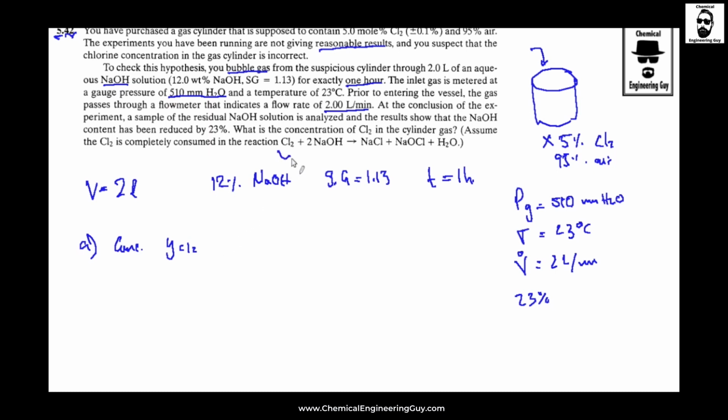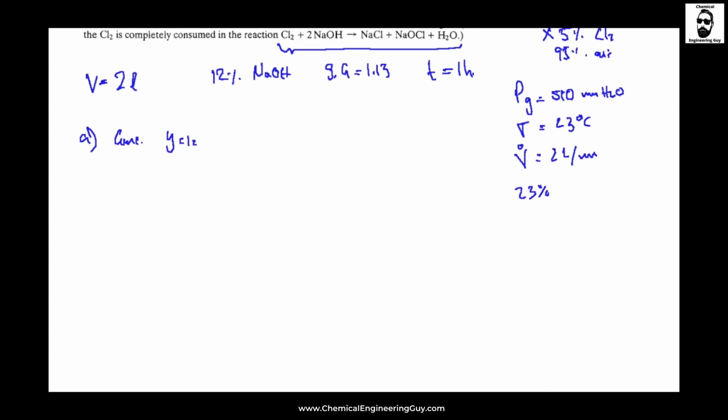So we have this equation, and let me continue. Let me draw a better diagram. They enter this tank, and you get air, and this is chlorine.